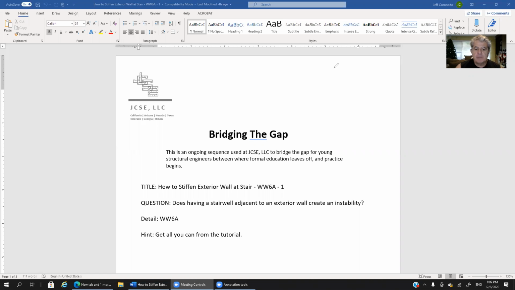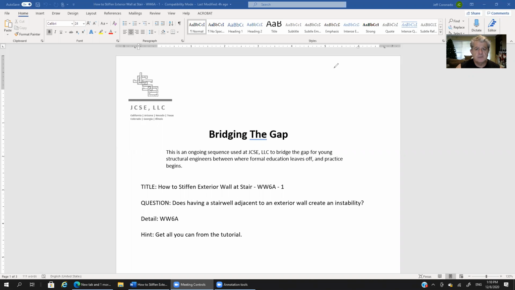Bridging the Gap is a series of structural engineering design tutorials that we have here in the office, and I think by extension they can be used by young structural engineers who are still in school.